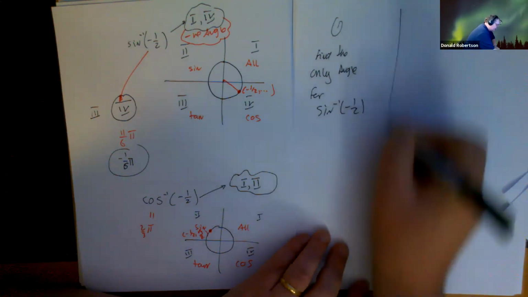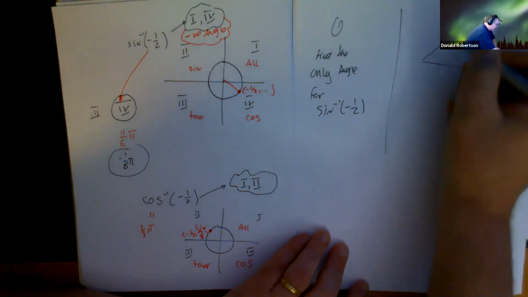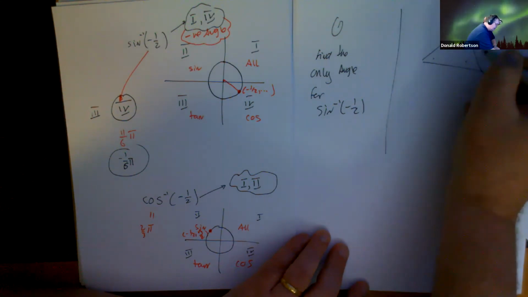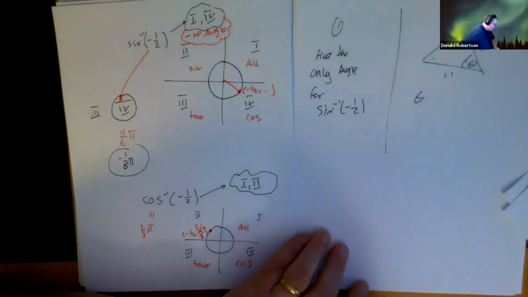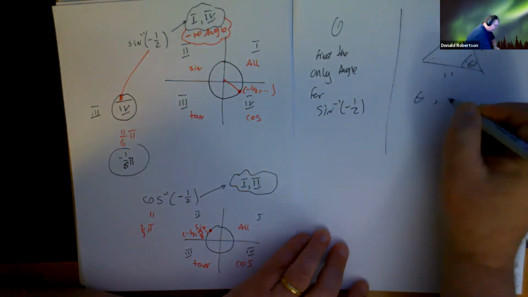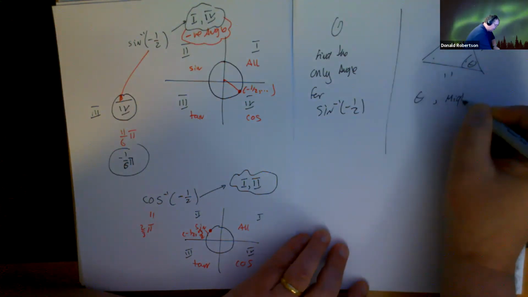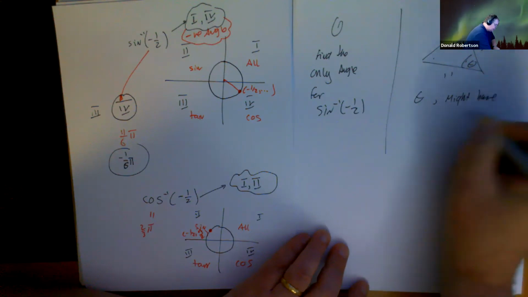The second question is, here's a triangle with some information on it. Find this angle theta, right? An angle theta might have two possible values.